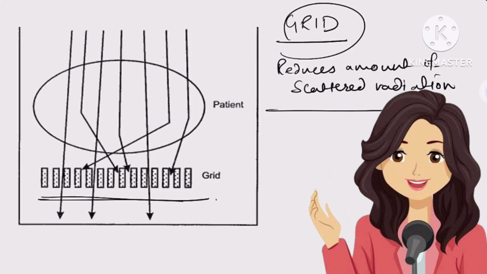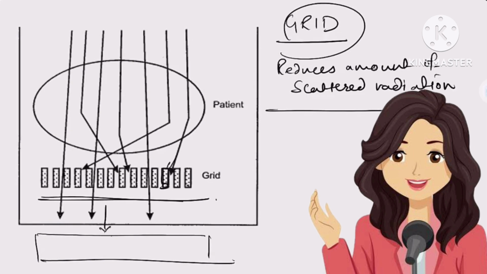The scattered radiation, which comes out of the patient, will be restricted by these grids, and the image that you get will be clearer. If the scattered radiation reaches the films, it just degrades the image. It just blurs the image. But when you keep the grid, the scattered radiation is restricted. Only the primary radiation will pass through it and will give you a clearer image.